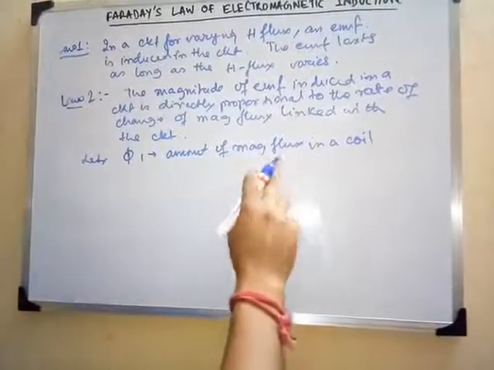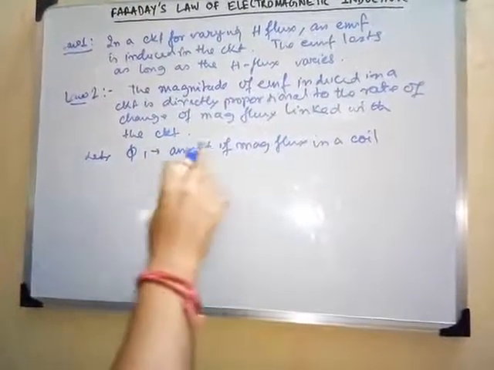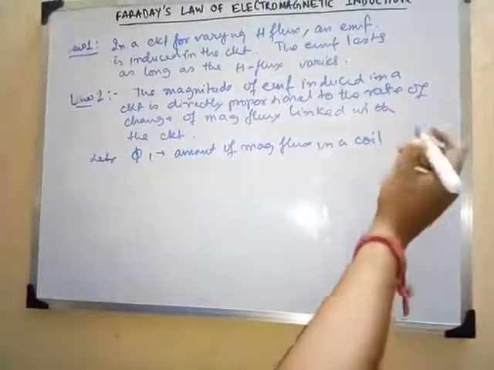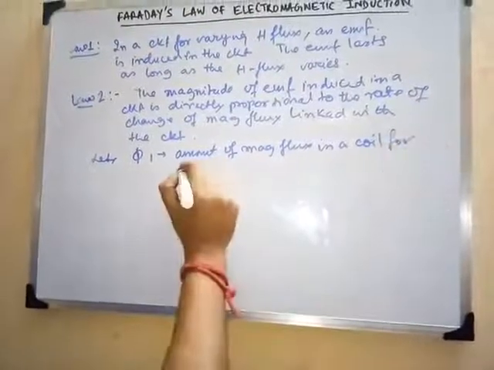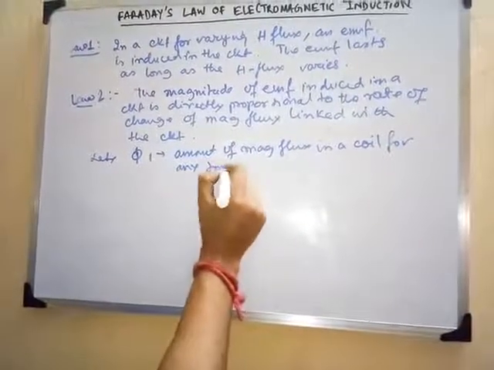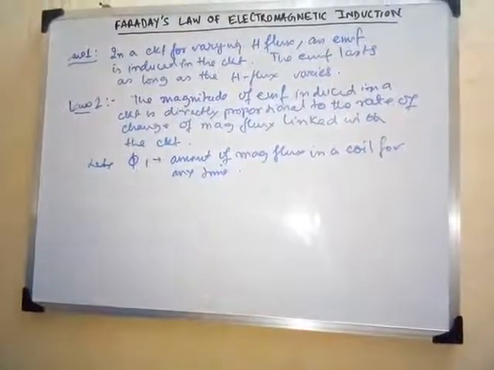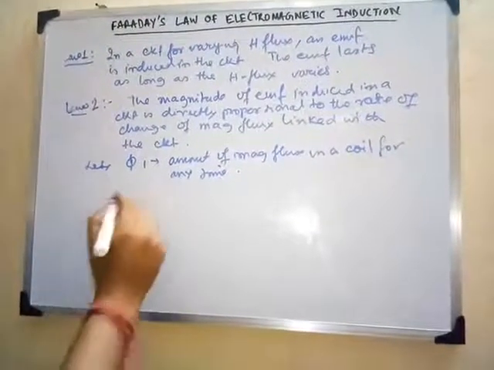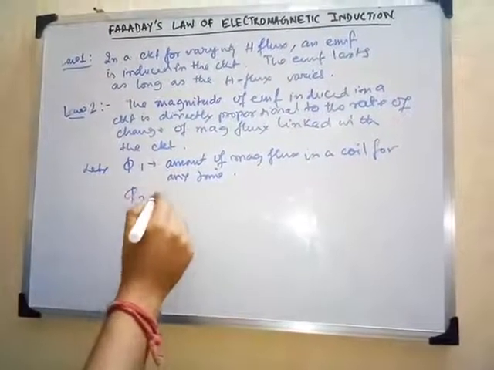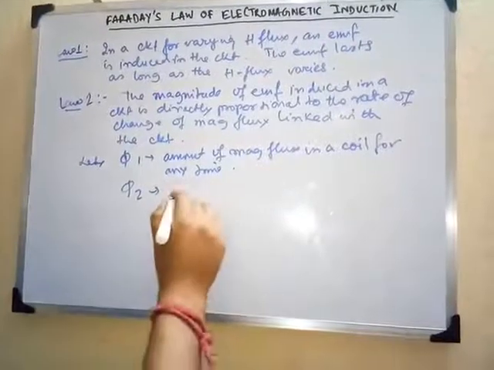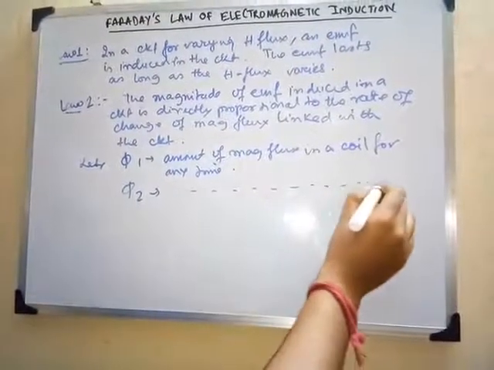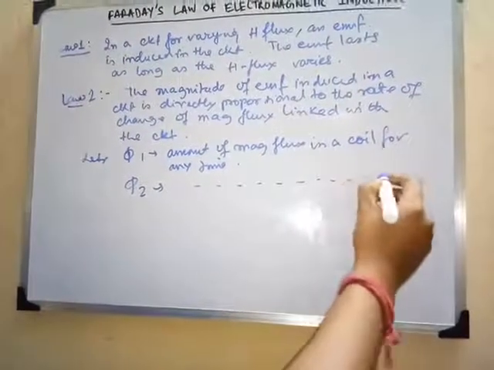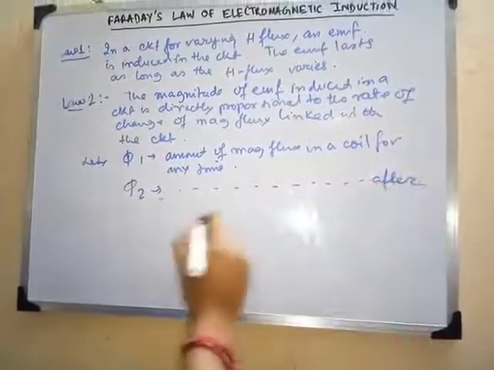So the amount of magnetic flux in a coil at any period of time we are considering as phi 1, and similarly we take phi 2 as the amount of magnetic flux in the coil after t second.